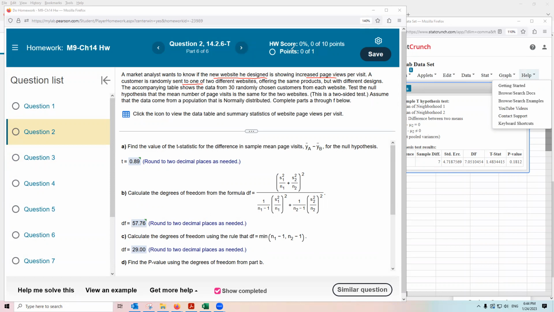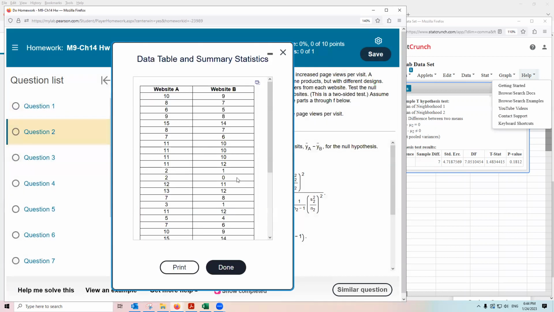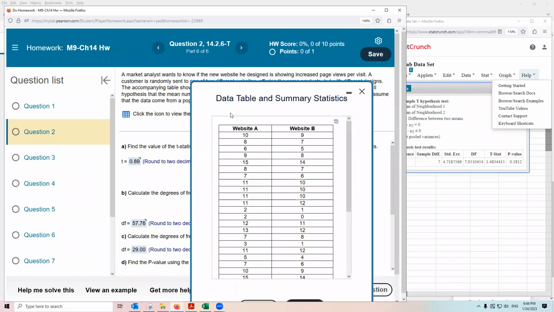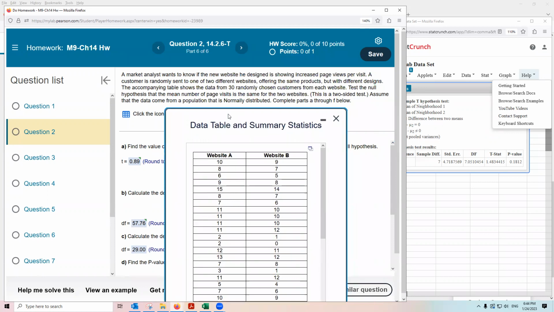And here is the data set they're giving us. Let me open this up. And so this is the data set comparing website A to website B. And they say test the null hypothesis that the mean number of page visits is the same for 2 websites. And they're telling us, think of this as a 2-sided test.